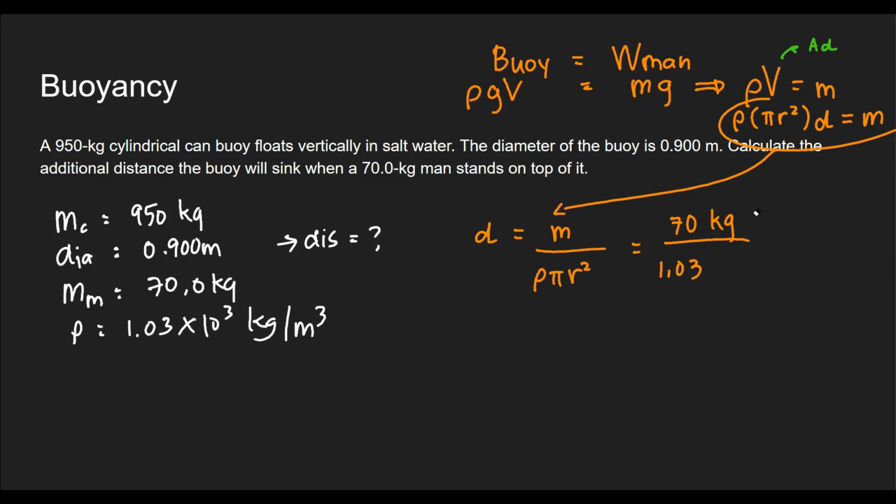Just leave the units for now. Times our pi and our r squared. Basically, if your diameter is 0.9, then your r must be 0.450 m.